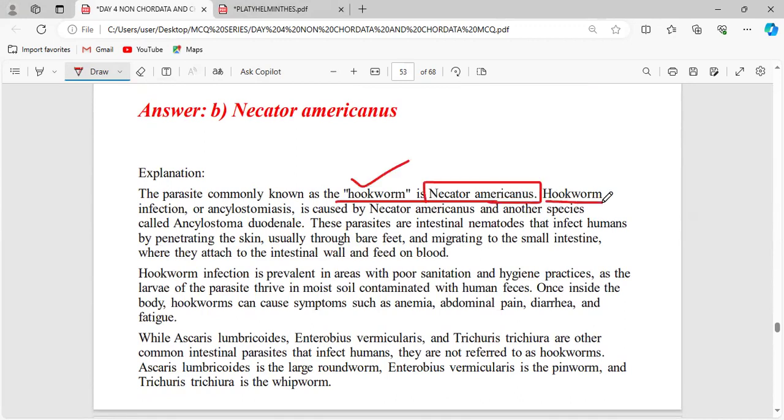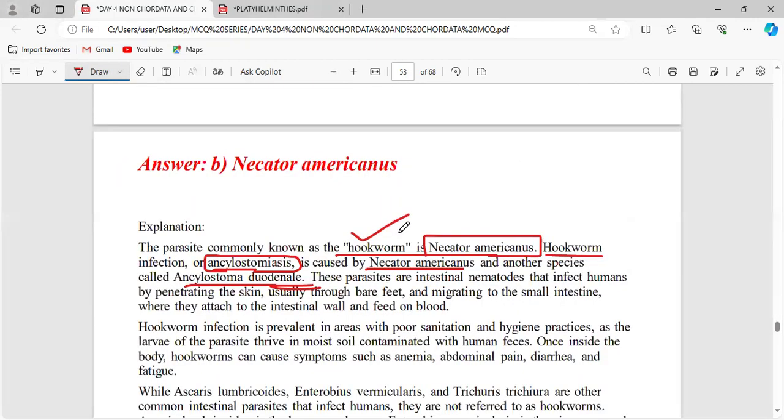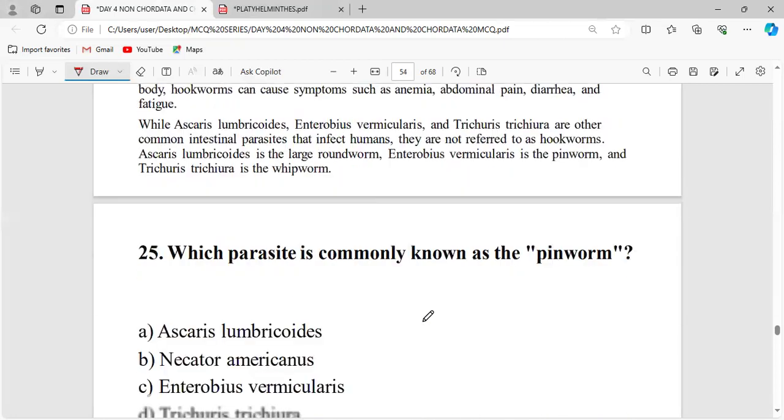This hookworm infection is also called ancylostomiasis. Ancylostomiasis is caused by Necator americanus and another species called Ancylostoma duodenale, which is given in your syllabus. Knowing this is very, very important. Hookworm is scientifically called Ancylostoma species.